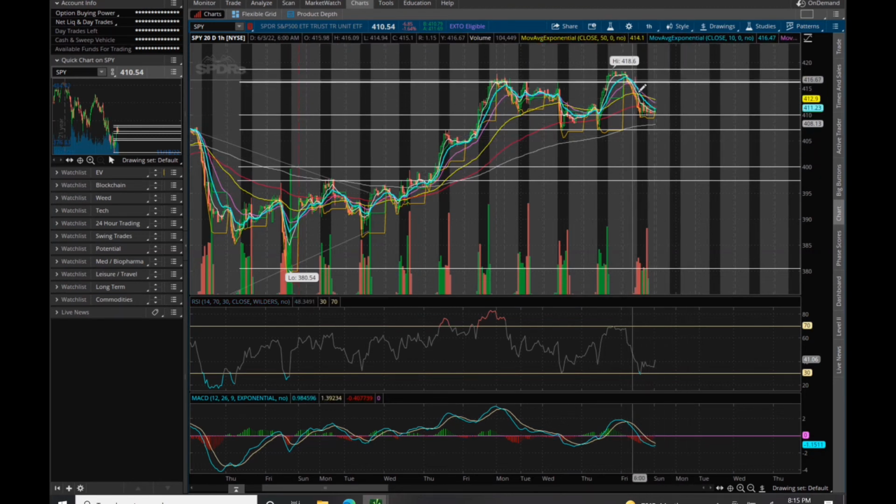Vice versa, when you break through a resistance point, this now becomes a support point for you to use. So if you break above this 418.60 here, this will now become a support point where we could see if we come back down to retest it and bounce to give us more bullish sentiment, or if we come back down to break below it and use these older levels that we had created.